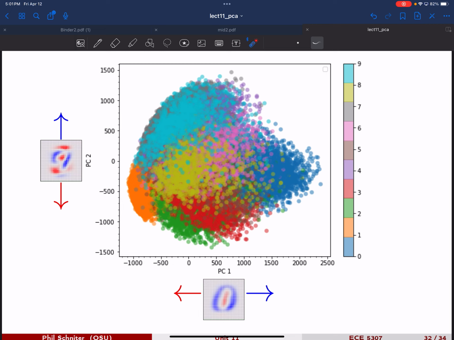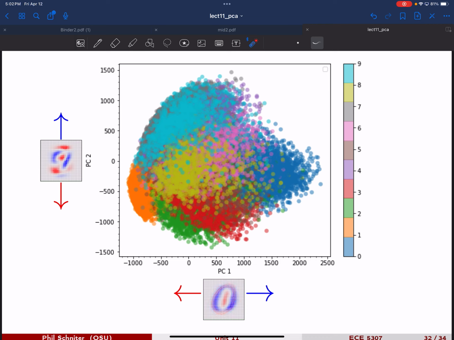This is a 784 dimensional vector. When we think about the role of this, as you go from left to right, this value is the z value that multiplies this. As you go to the right and multiply this by a positive number, that's where the zeros live, because you get a big positive structure here.